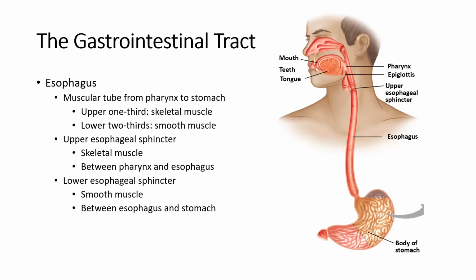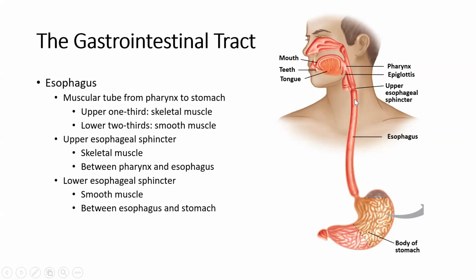So the upper 1/3 we can control, right? It's skeletal muscle, so we have voluntary control over that part of the esophagus. We also have voluntary control over the upper esophageal sphincter. So this is a strip of muscle that controls the opening from the pharynx into the esophagus.